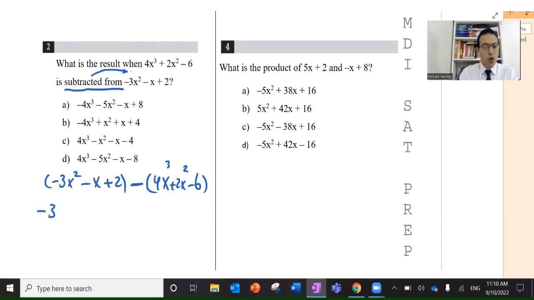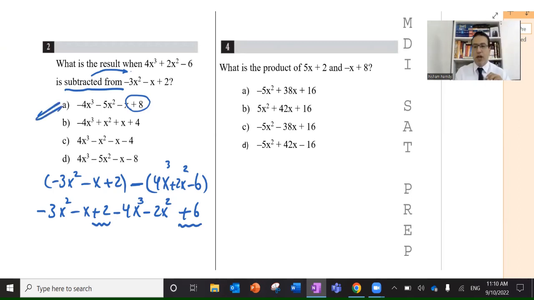Then I'm going to rewrite it as we learned before and change the sign of this bracket. So it's going to be negative, and negative by negative is going to be positive. Look here, positive 6 and positive 2 give me positive 8. And the only answer that has positive 8 is A.